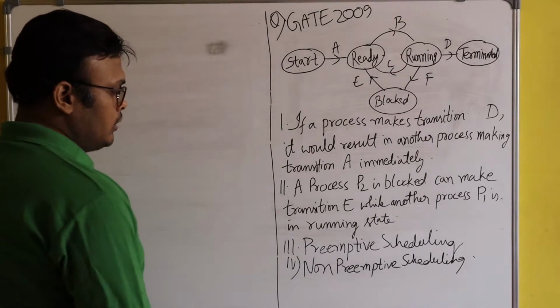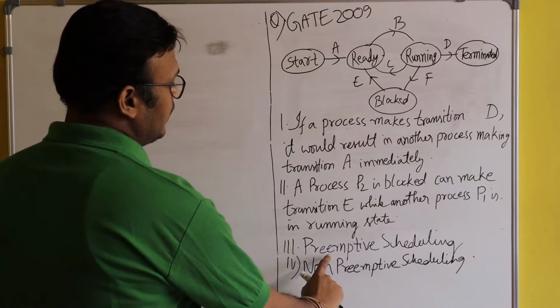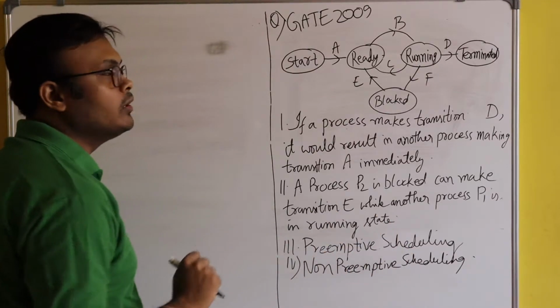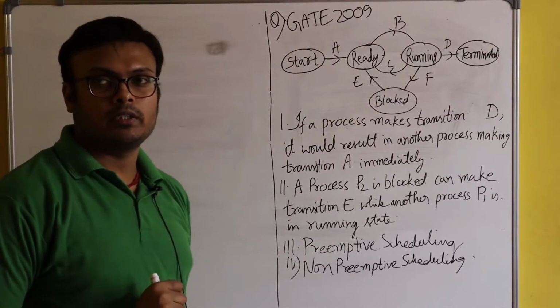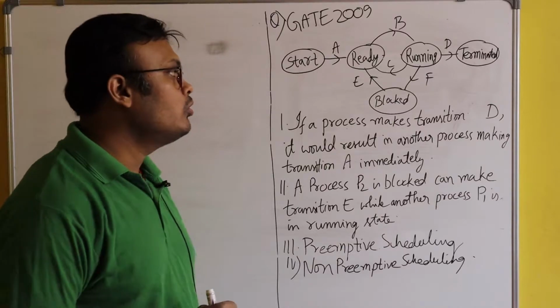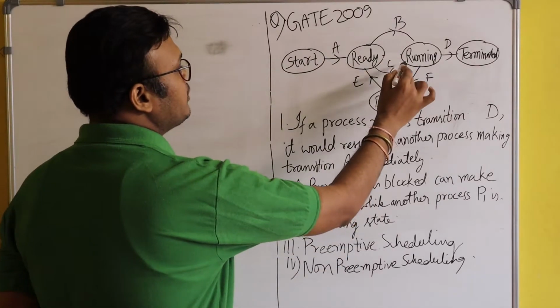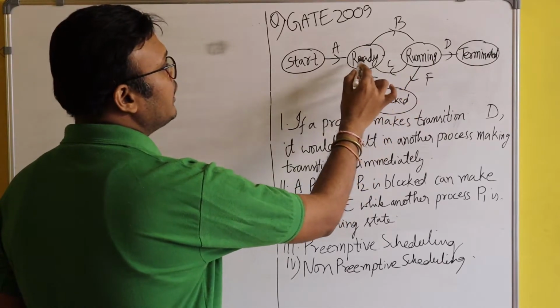So you see here statement number 3, it's a preemptive scheduling algorithm. So is it true or false? Definitely it's true. Why? Because here there is a preemption from running to ready.